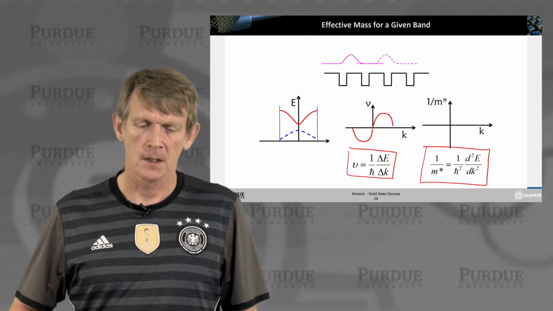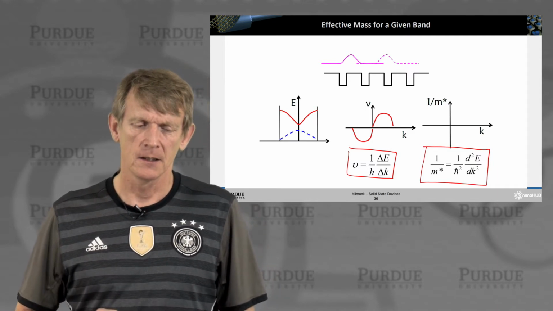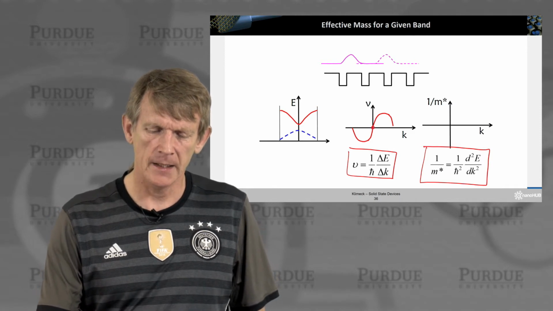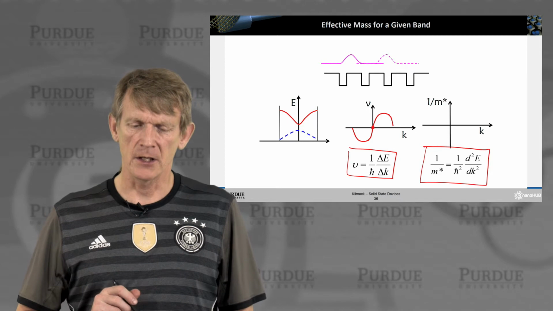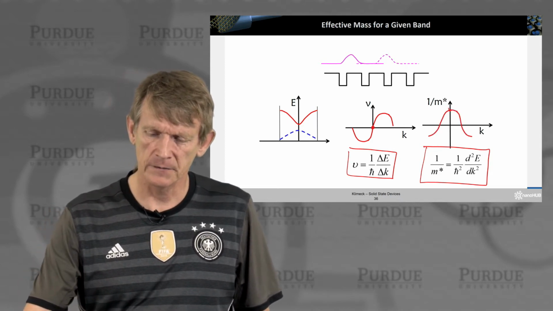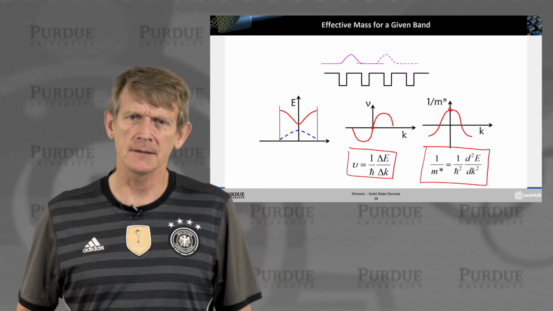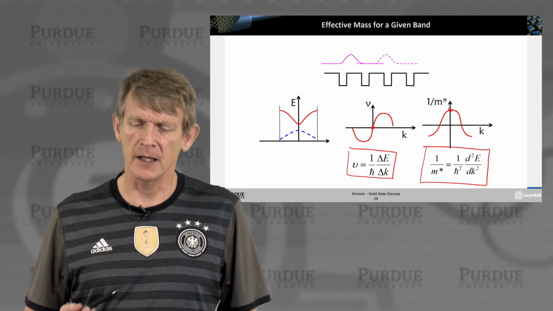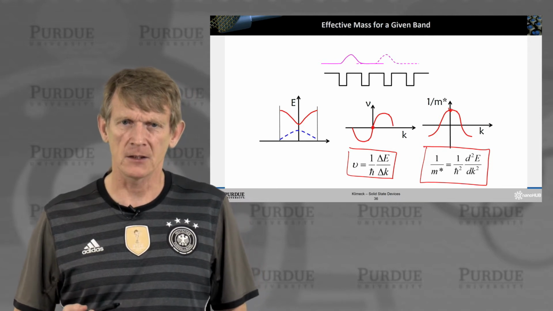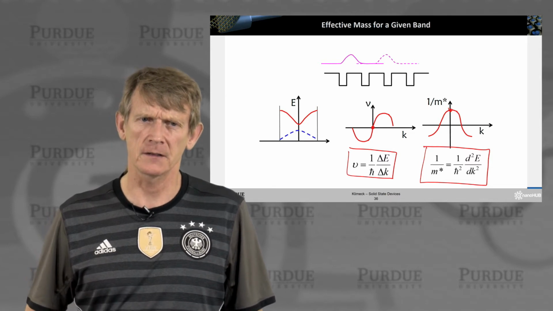Now, interestingly enough, if you look at the differential of the band, of the red band here, you see at k equals 0, you have 0 velocity, and you have a positive value of m star. And you also see that inside the band, you have an effective mass, 1 over m star, that is k dependent. Now, that's an interesting concept in the sense that this particle changes its effective mass.